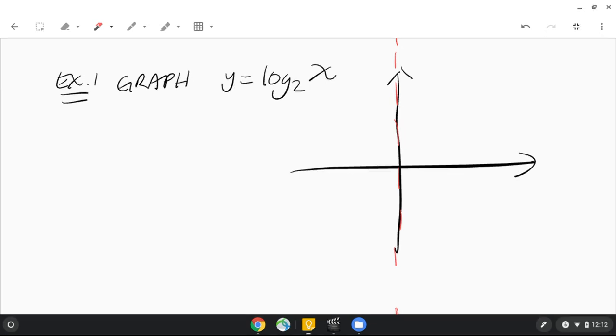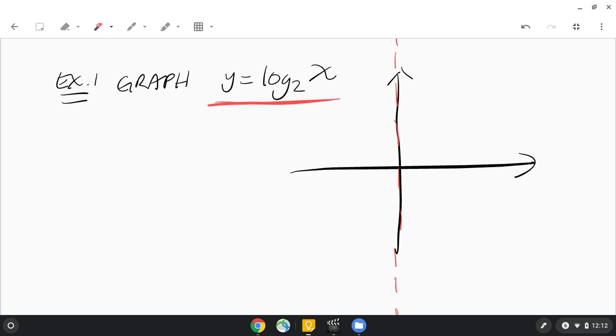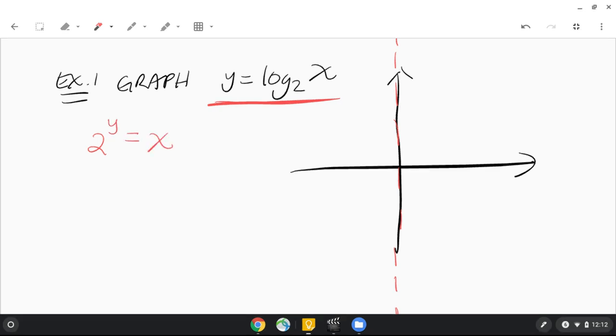So I will go ahead and rewrite this equation as the exponential. Here the exponential would be base 2 to the exponent y, and it should equal x.